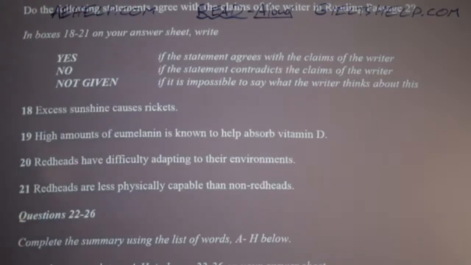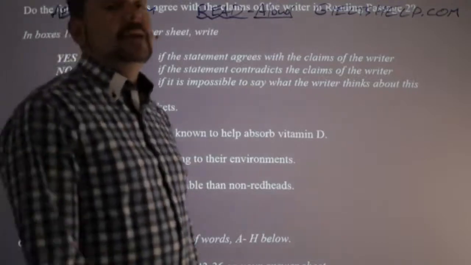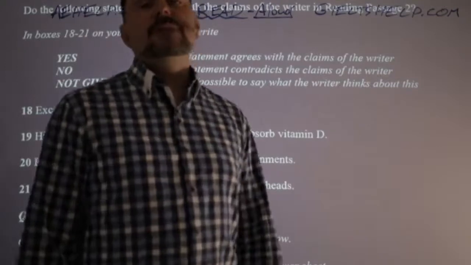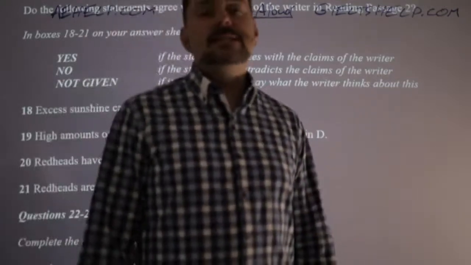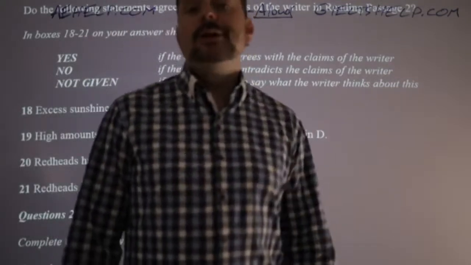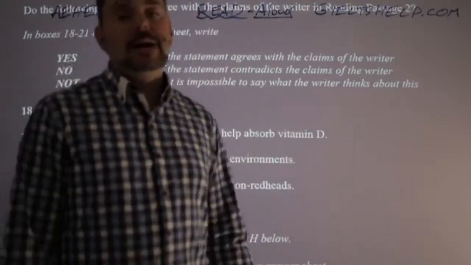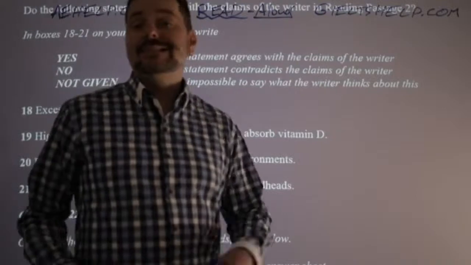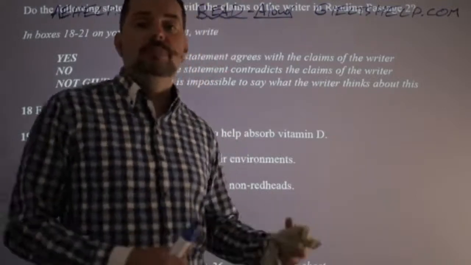Here we want to use the basic if this then that logic. First, we want to figure out if the statement is given or not given, by identifying whether or not the information is important to the passage.